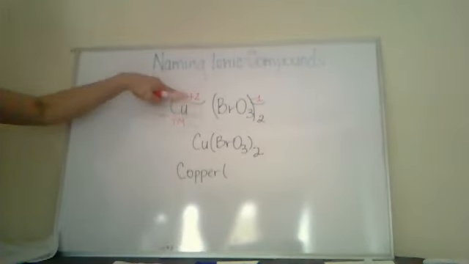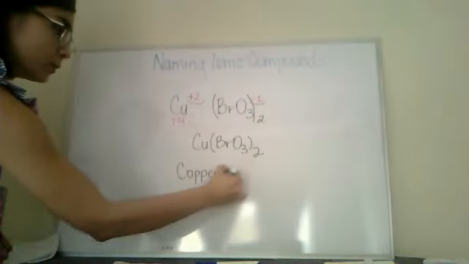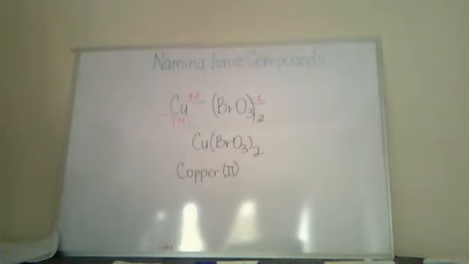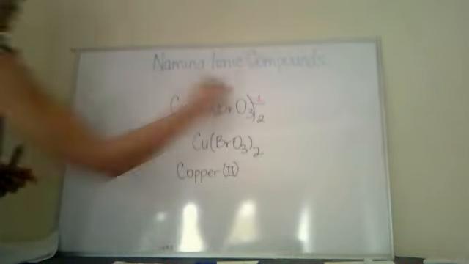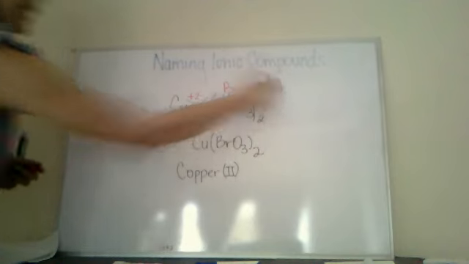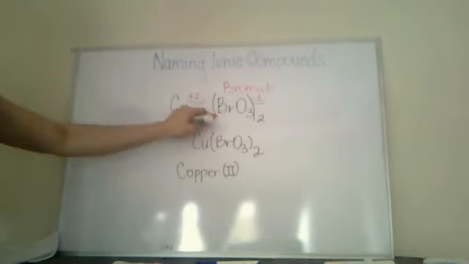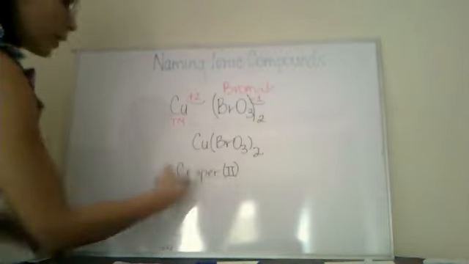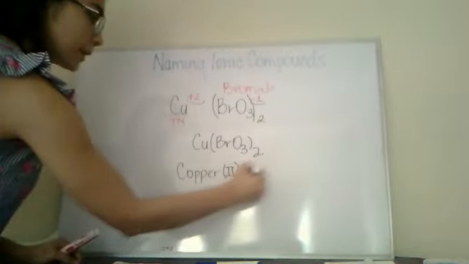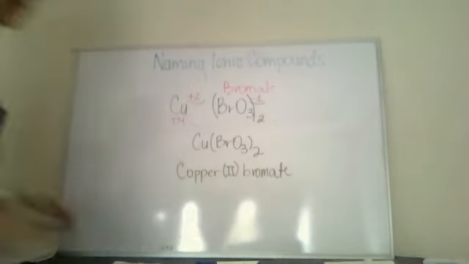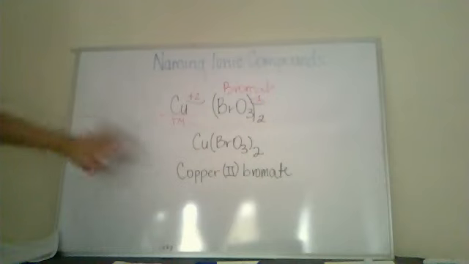What charge am I using? 2. So I put II, because it's in Roman numerals. I close parenthesis. And this polyatomic ion here is called bromate, and the name doesn't change. So I just put it like that. Copper(II) bromate. All right, and that's the name of this compound.